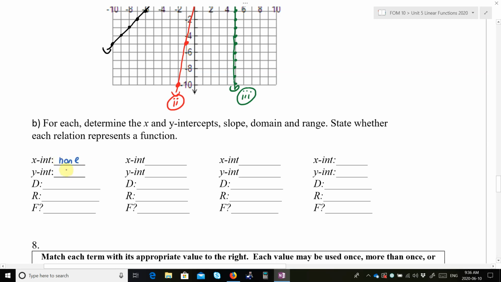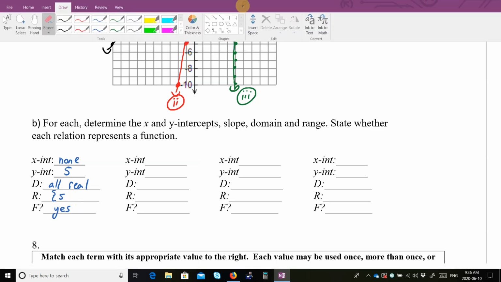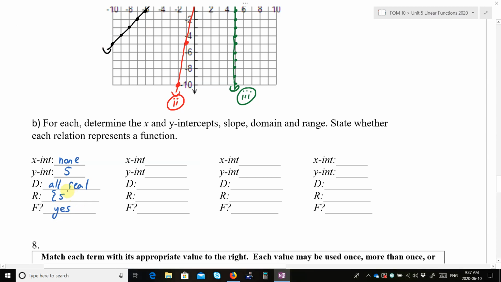The y-intercept is up at 5. The domain is all real because the graph moves from left to right forever. The range, the graph does not move up or down from 5, so the range is just 5. And is this a function? Yes. We didn't really get a chance to talk about exactly what makes up a function or not. Okay, but we will review that next year.